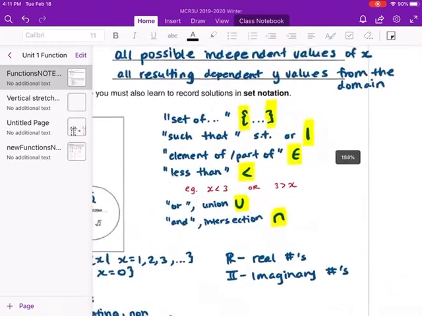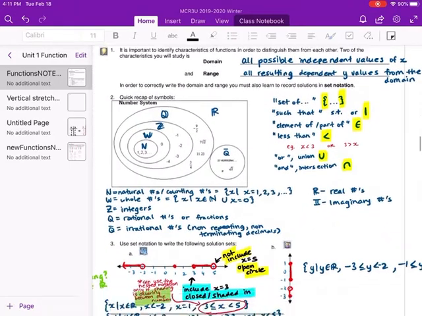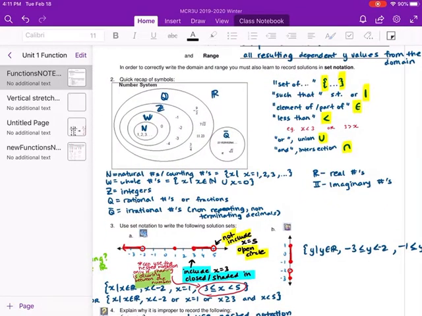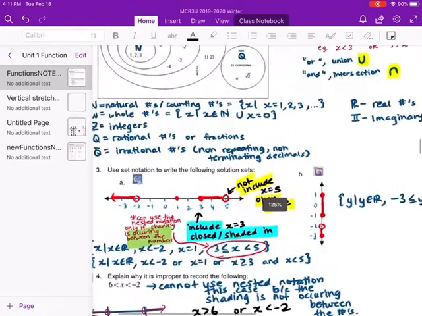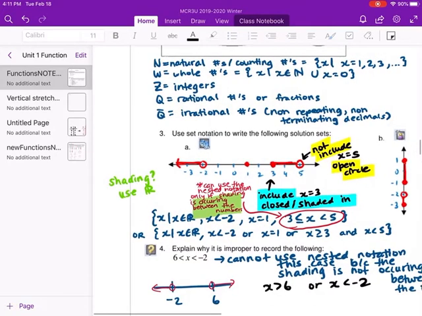On the right over here it tells you what each part means to help you write the domain and range properly. Here you have a number line and you want to practice how to write the domain of this shading.